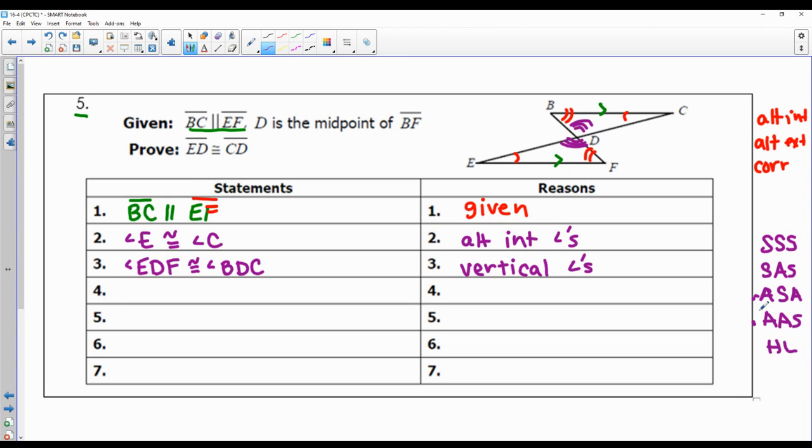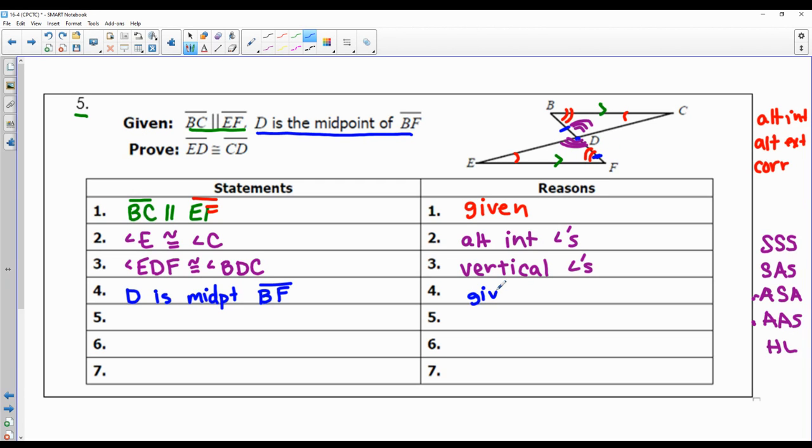Now I've got to get a side. So let's go back to our nice, lovely givens because they told me something else. They told me that D is the midpoint of segment BF. Okay, so this D is the midpoint of this segment BF. So remember, that really tells me that those two sides are congruent.